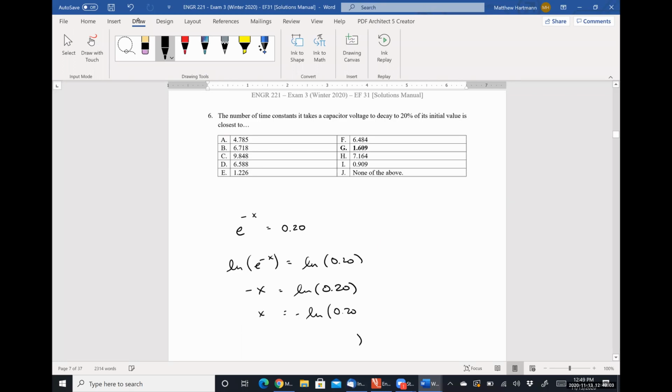Let's see, where's the natural log button on my calculator? 0.2, negative 1.609 is positive 1.609. All right, next question.